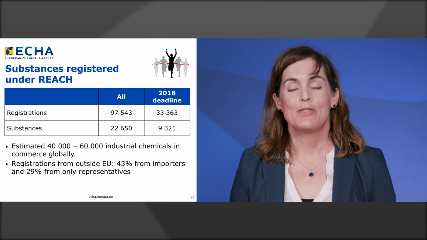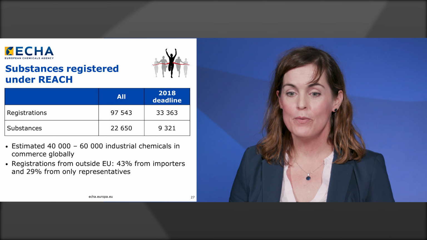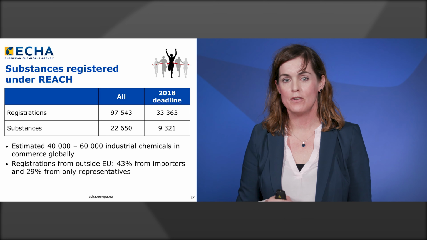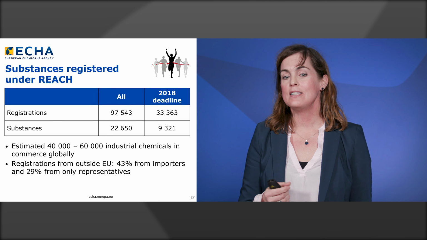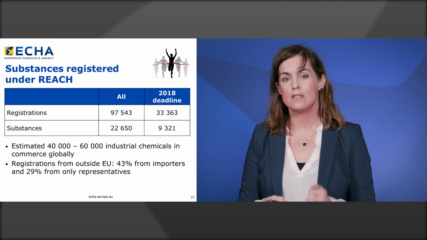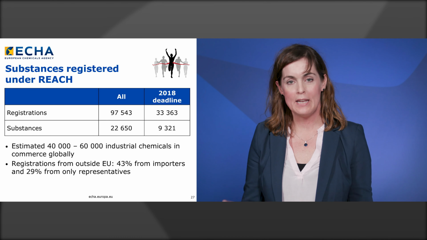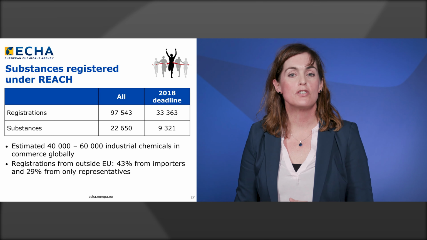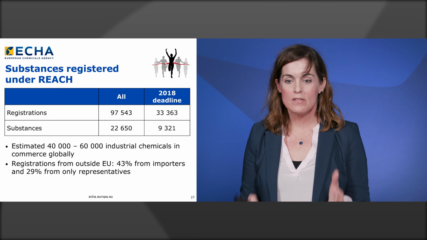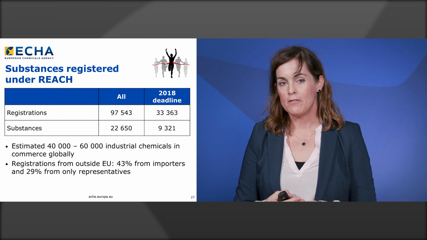Looking into these registrations, what have they brought us so far? Up till now we have nearly 23,000 substances registered under REACH. The difference between these 2 lines, the registrations versus the substances, is that a substance can be manufactured by many companies, meaning that a substance can be registered many times. But the number of substances is nearly 23,000. And why is this an interesting figure?